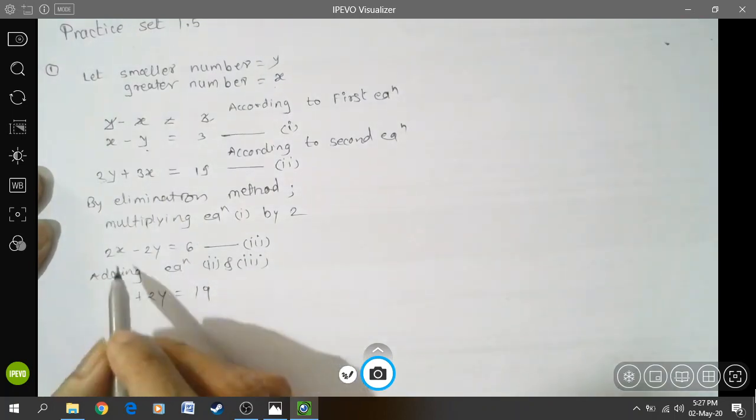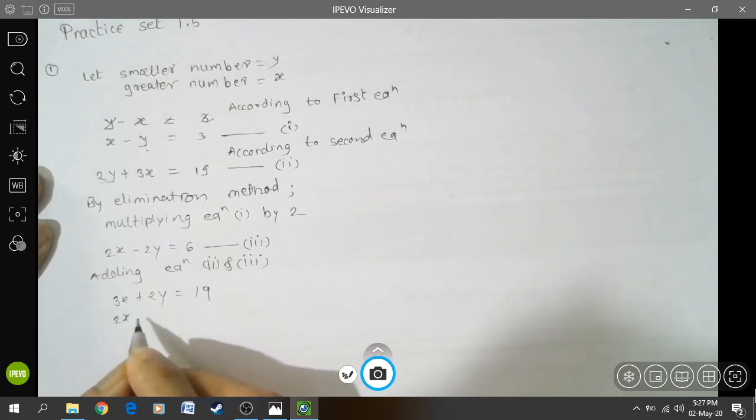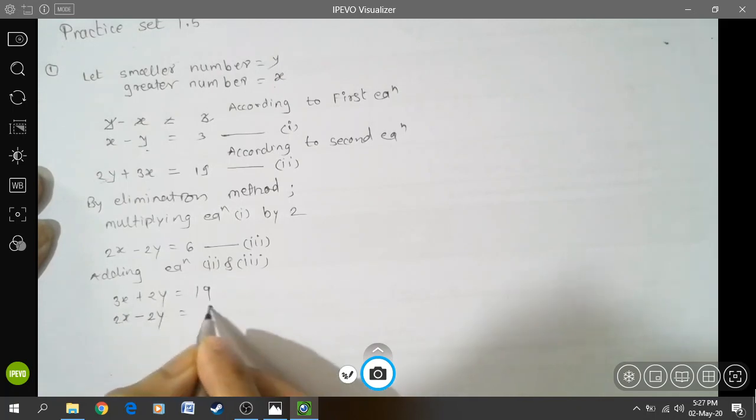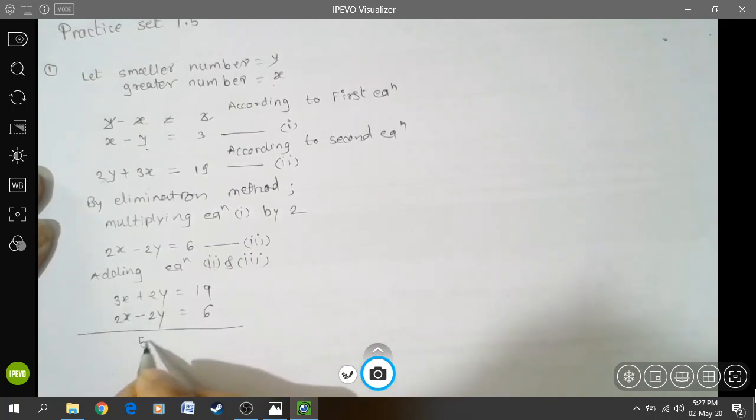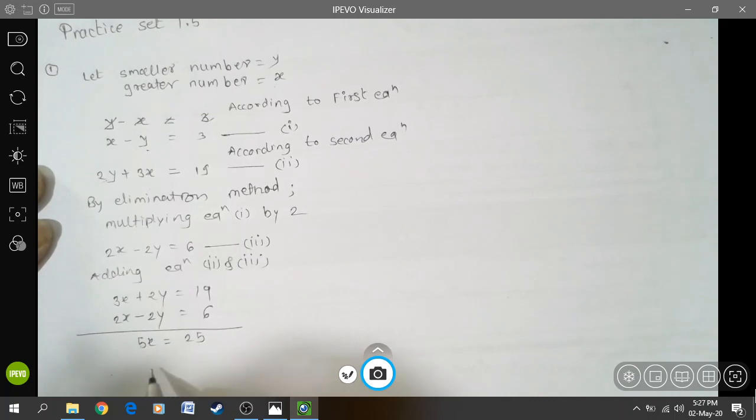And the second equation to add is 2x minus 2y is equal to 6. After adding, I can see here 5x is equal to 25. x is equal to 5.